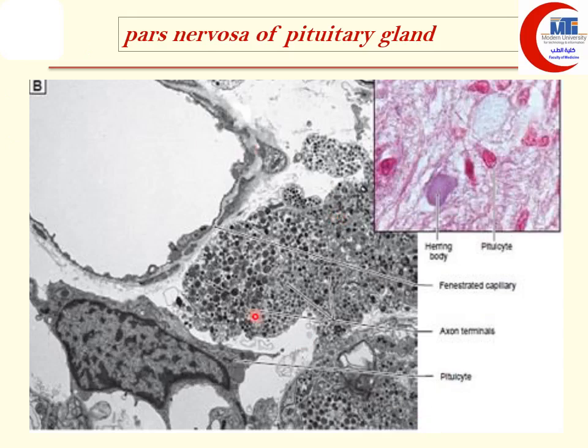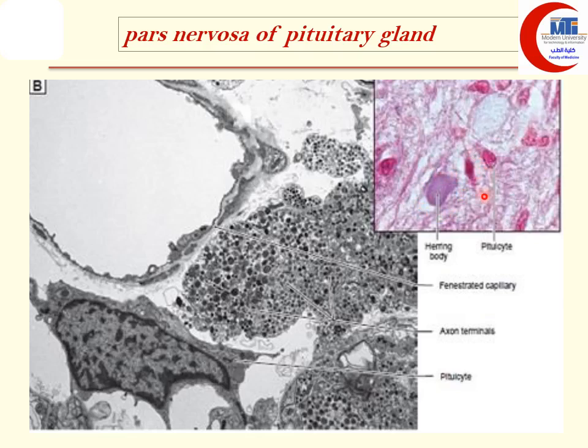This shows the electron microscopic picture and light microscopic picture of the pars nervosa of the pituitary gland. This light microscopic picture shows the accumulated secretion, neurosecretion surrounded by membrane, and this acidophilic structure called herring bodies, which is the axon terminal, contains the accumulated secretion from the cells in the hypothalamus.